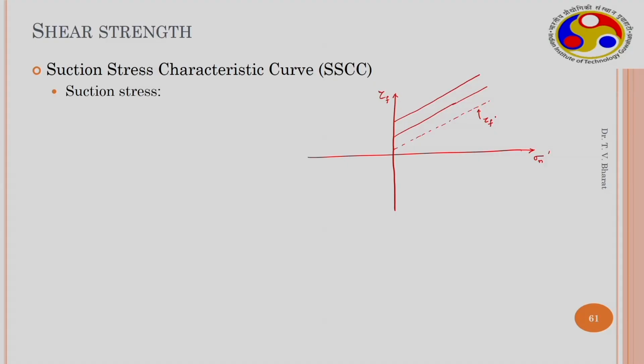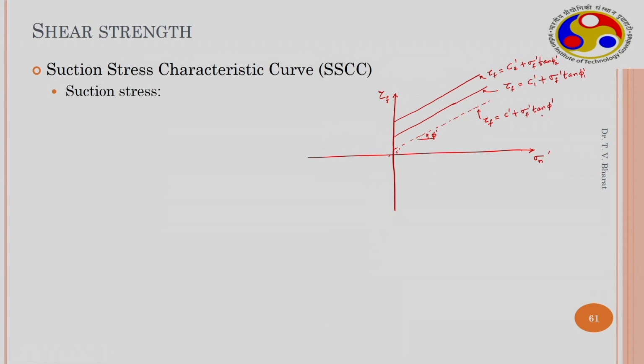This is the failure envelope for saturated soils, that is, tau f is equal to C dash plus sigma f dash tan phi dash. This is the angle of internal friction, phi dash, and this is C dash. Similarly, this is the envelope for tau f equals C1 dash plus sigma f dash tan phi 1 dash, and this is another failure envelope, C2 dash plus sigma f dash tan phi 2 dash.